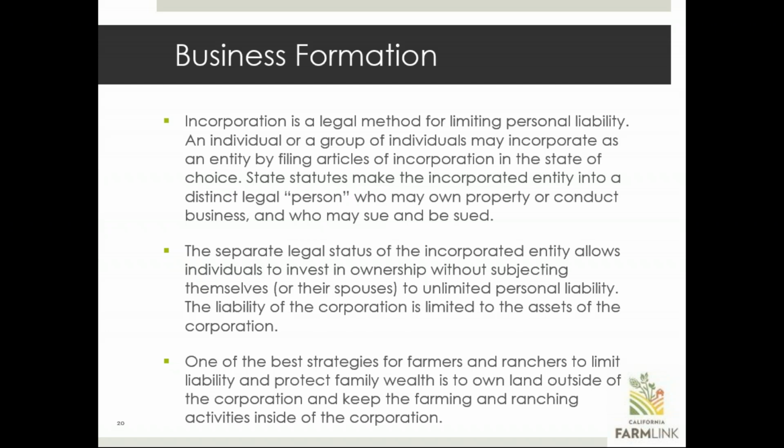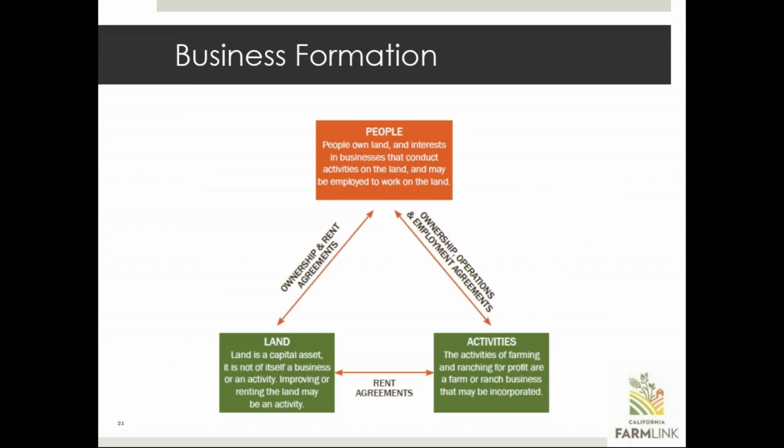And the land is typically the most valuable asset that a farmer or rancher is going to own. I want to give credit to Poppy Davis here for conceiving of this diagram, and she does a much more eloquent job of conveying how to understand this.